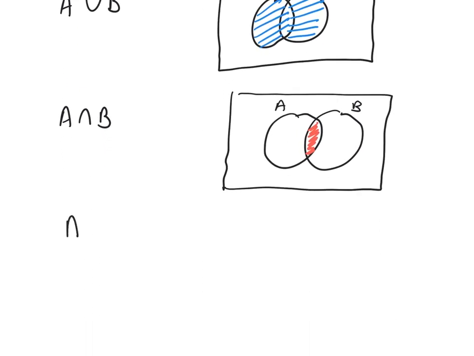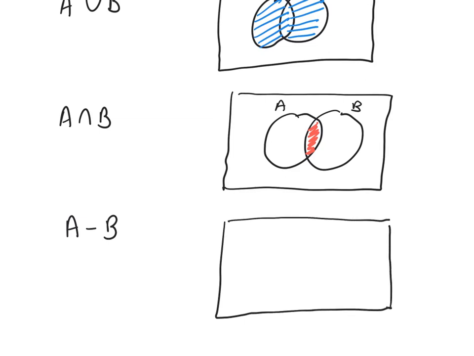Now let's look at the set difference, A minus B. So here's my set A, here's my set B. So it's all the elements in A that are not in B. So all the elements that are in A, but outside of B. So that would just be this portion right here. Inside of A, but outside of the B circle.